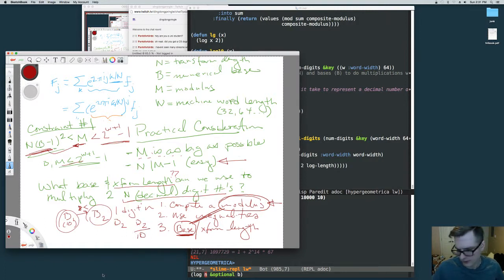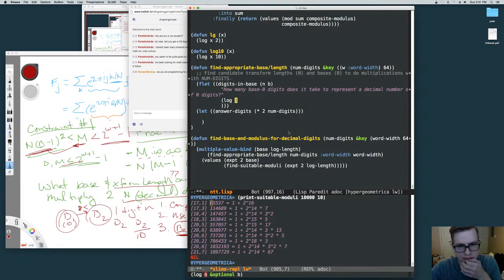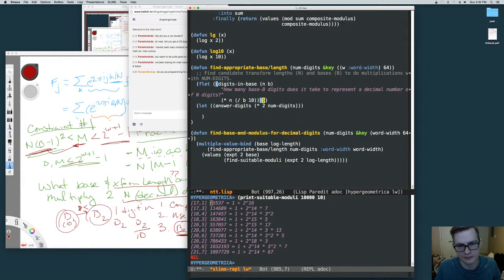So I think it's actually that simple. So it's not a log, it's just divide, or we multiply times n, divide that b by 10. So I think that's it. So for example, well, I guess we'll just see as an example.